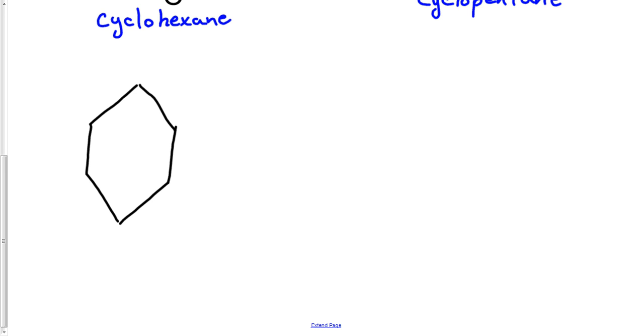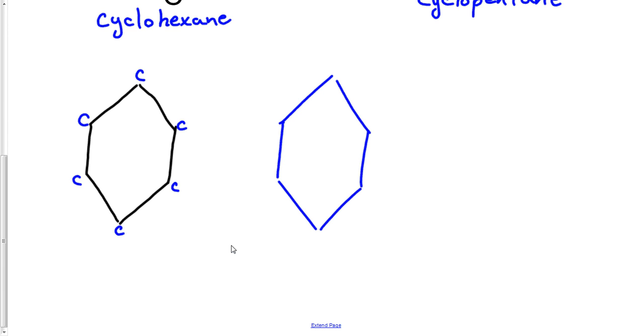And the way this drawing is represented, when you see this, each one of these locations represents a C. So it lets you draw this real fast and in a hurry. And all you've got to do is be able to draw that. So there's cyclohexane again. That's all you have to do to draw it.